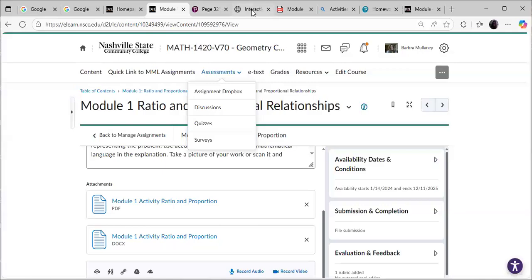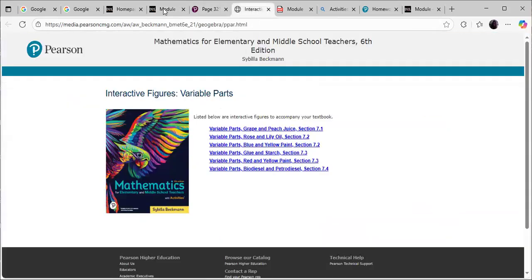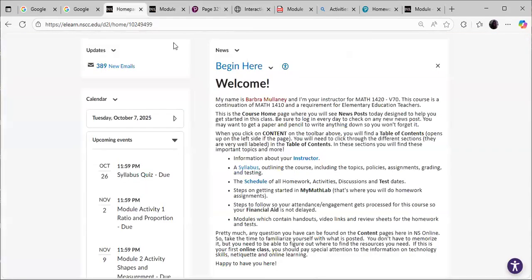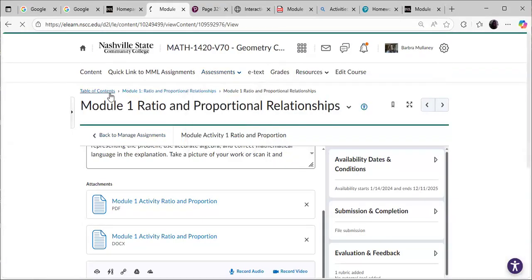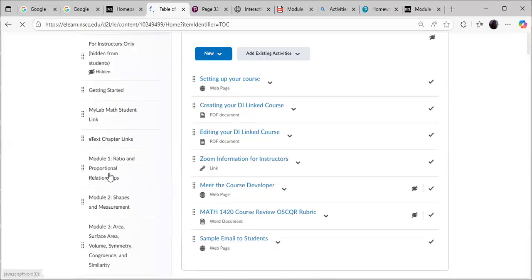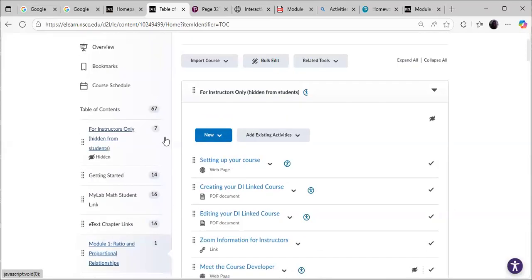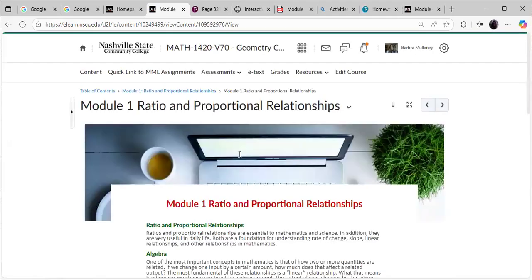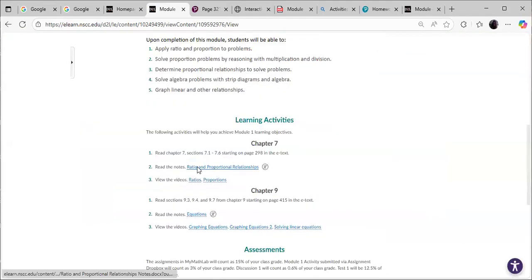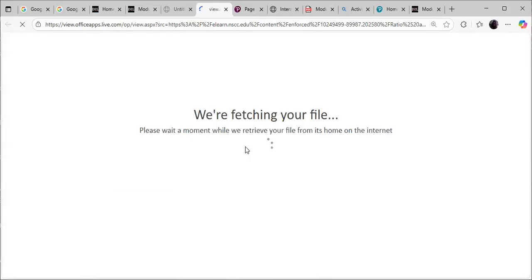And other things you can do to help you learn the material is by going to the table of contents, and under each module, you'll have the handouts. So for module 1, again, we go into the document and just click on the handouts.